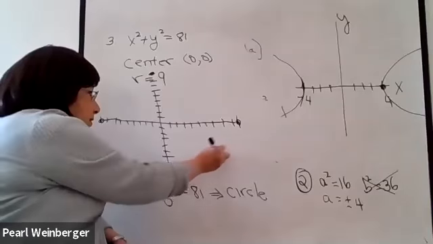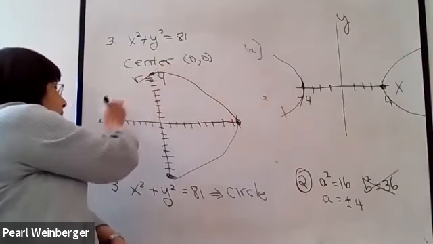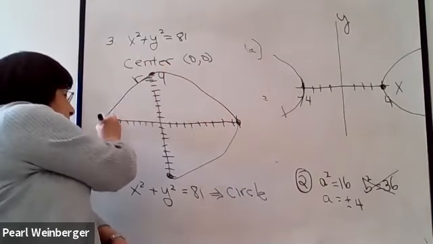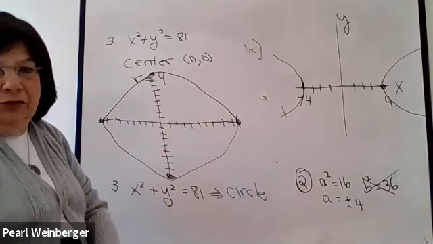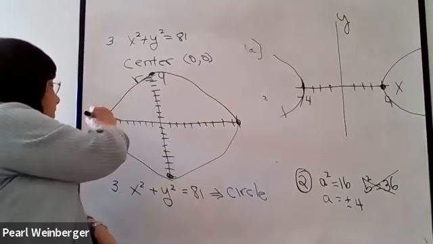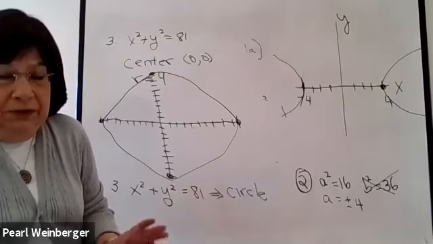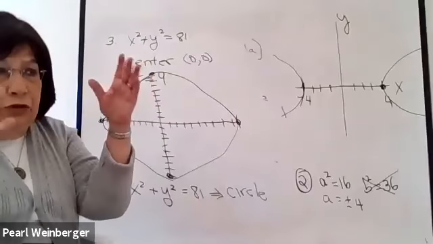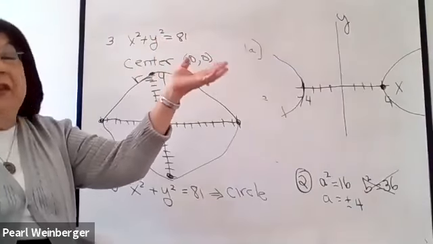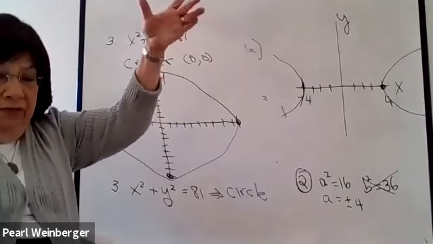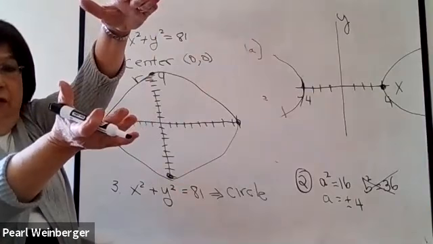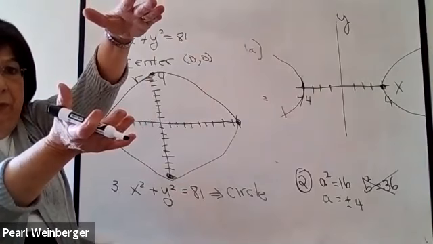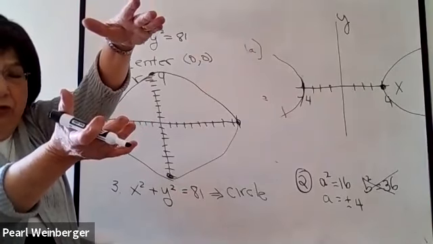And if you connect them, you get this circle. I know this is a very bad looking circle, it should be rounder, but the look of a circle and the look of an ellipse are similar. Think about a balloon: if you had a perfectly round balloon and then you started squeezing it, it wouldn't be perfectly circular anymore.